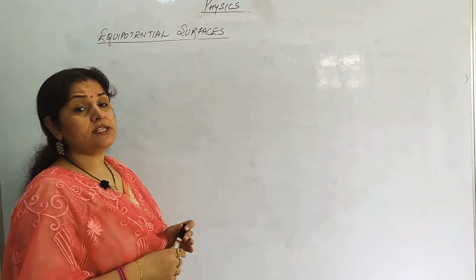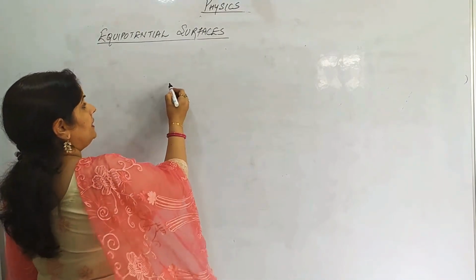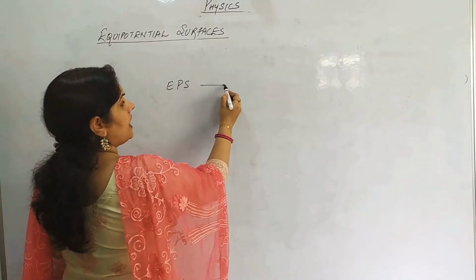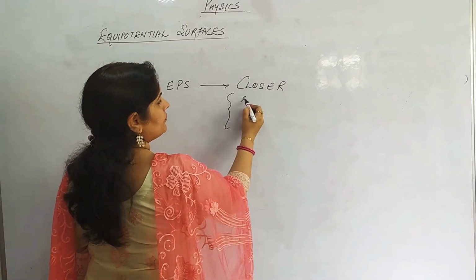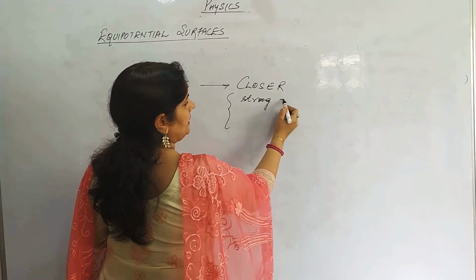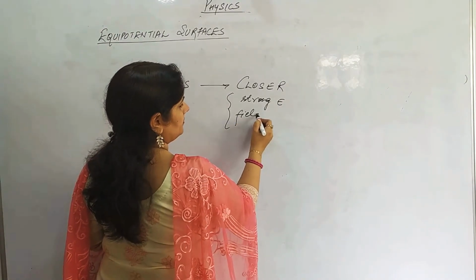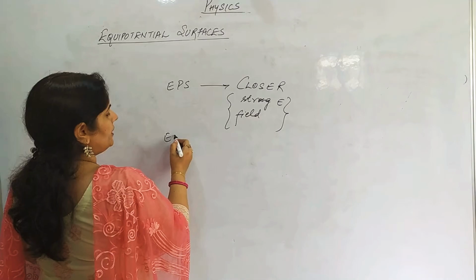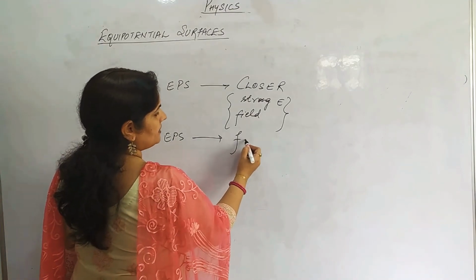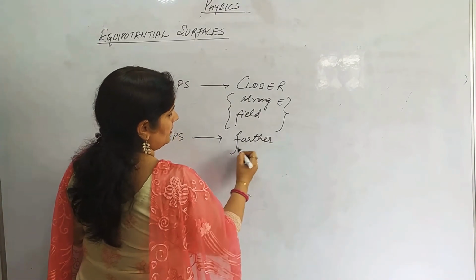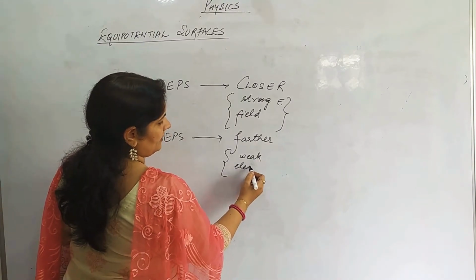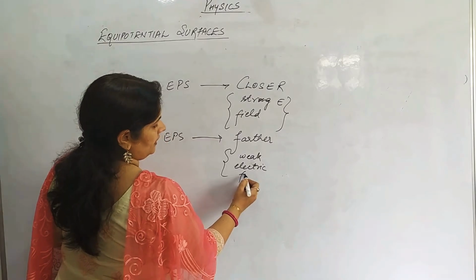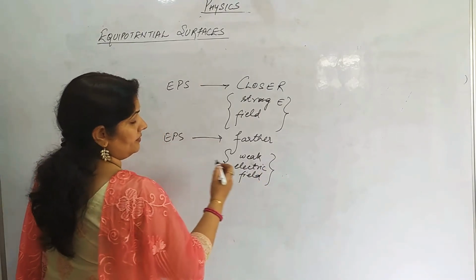The equipotential surfaces are closer in an area of strong electric field. Equipotential surfaces are farther where we have weak electric field, right?